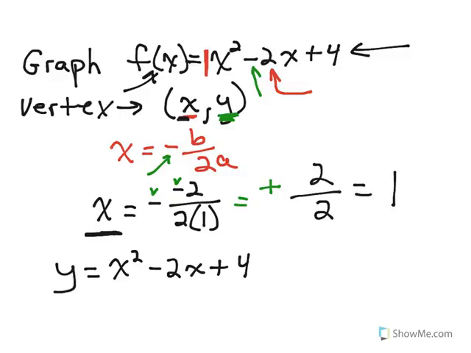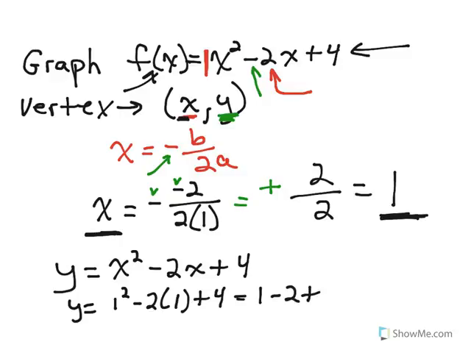And now we're going to take the x we just found, 1, and replace it in our equation. 1 squared minus 2 times 1 plus 4 gives us 1 minus 2 plus 4, which equals 3. So the vertex has coordinates 1, 3.